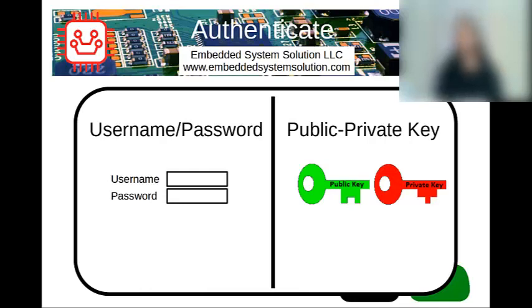Whereas with a public and private key, you're generating a public and a private key only during setup, so you can log into that computer. And I'm going to show you the pros and the cons of each method, because I do believe that both methods are good.